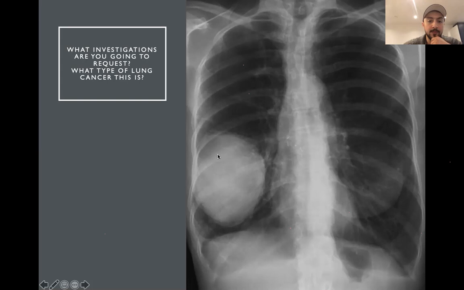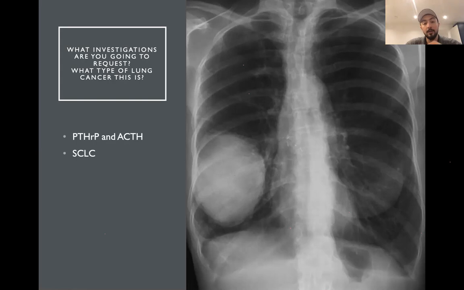The investigations you would want are PTHrP, which is parathyroid hormone-related protein, and ACTH levels as well. What does that mean? Some small cell lung cancers can release a protein that is similar to PTH, which is parathyroid hormone.